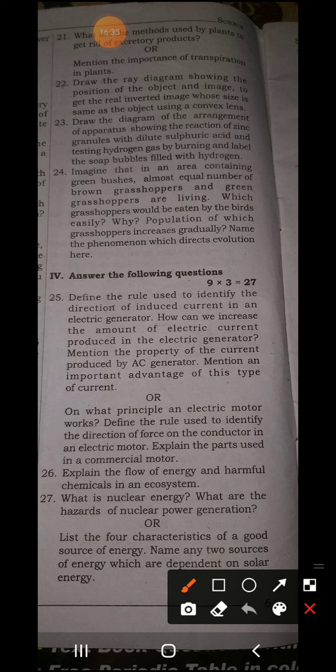This question is about drawing the diagram of the arrangement of apparatus showing the reaction of zinc granules with dilute sulfuric acid and testing hydrogen by burning, and labeling the soap bubbles filled with hydrogen. Children, we have drawn this diagram many times. It is a very important diagram and usually appears in every question paper.